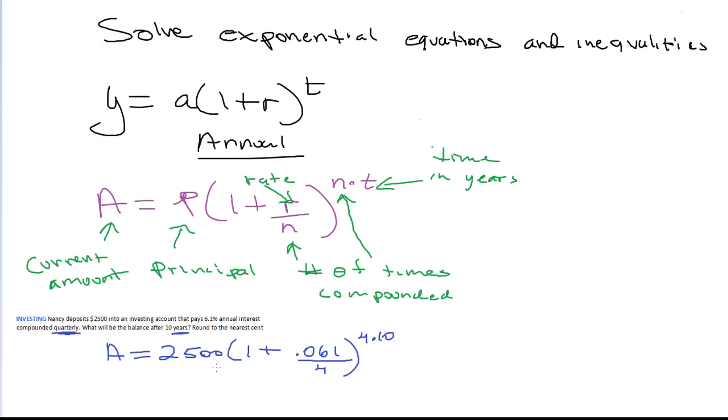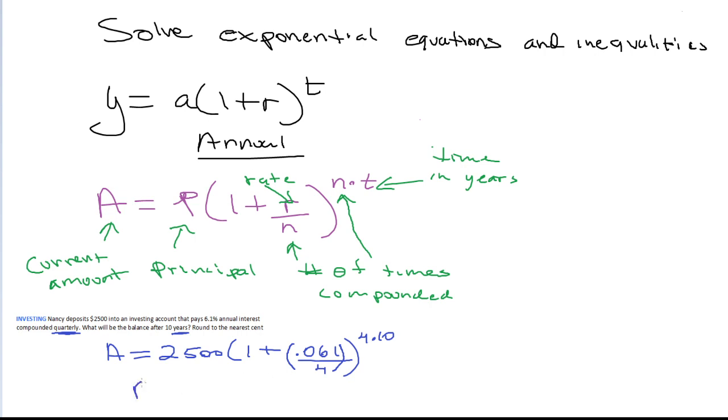And you can plug all this into your calculator. You're going to plug in 2,500, times, open parentheses, 1 plus, and then I would probably do this with another parentheses, that way the calculator doesn't mess up your function. So 2,500 times 1 plus parentheses 0.061 divided by 4, close parentheses, to the 40.